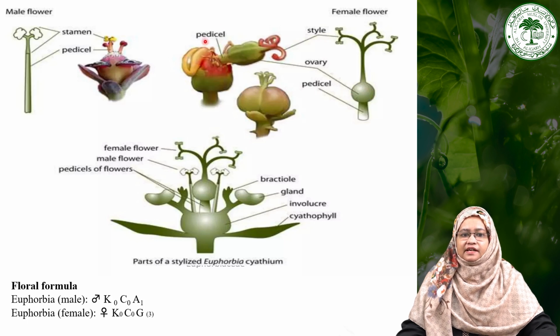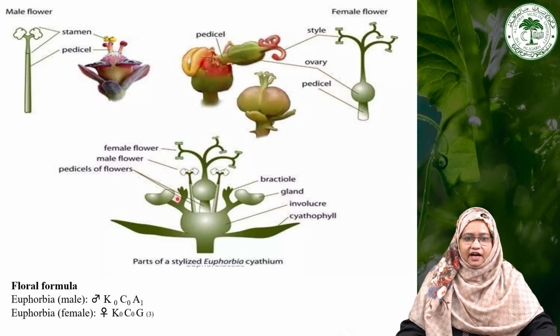So you can see here, this one is the involucre bract which has the single female flower, and it is surrounded by a number of male flowers. If we cut the TS of this particular family, you can see here at the center there is a female flower which is surrounded by a number of male flowers. So this is a whole inflorescence, a special type of inflorescence called cyathium, which is present in the flower of Euphorbia.